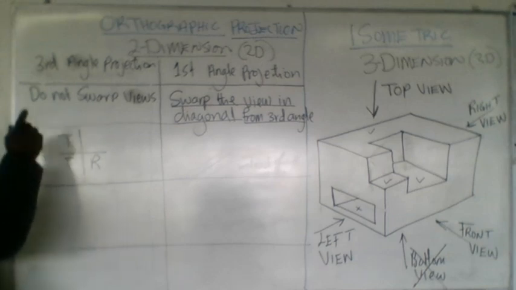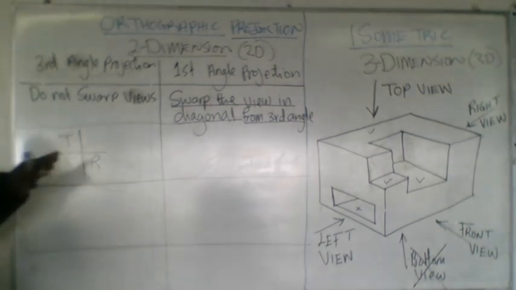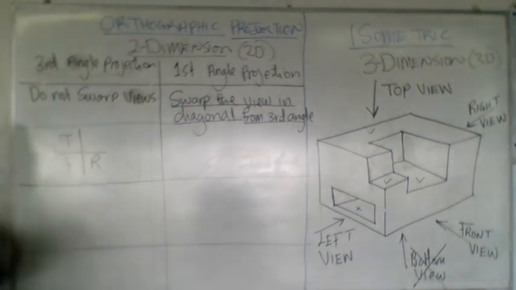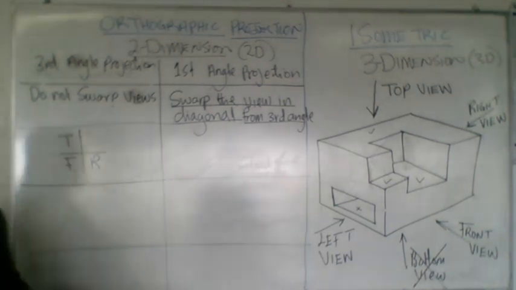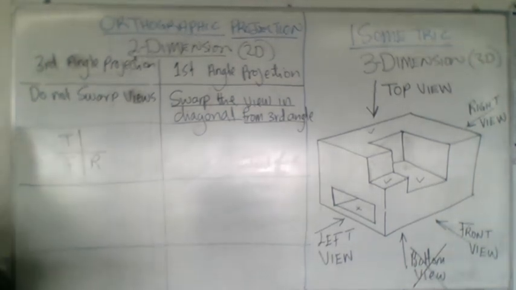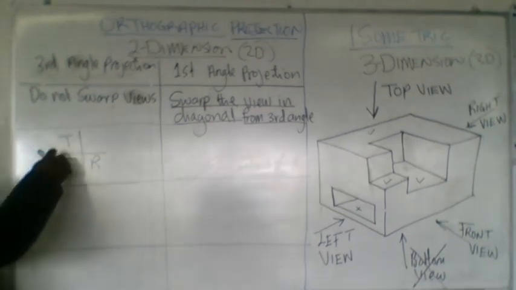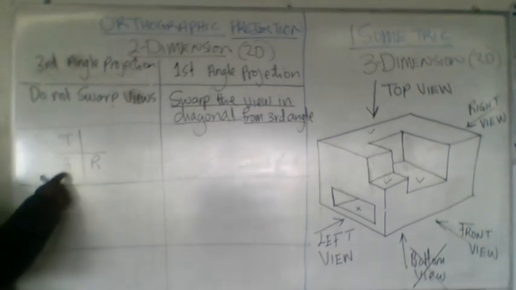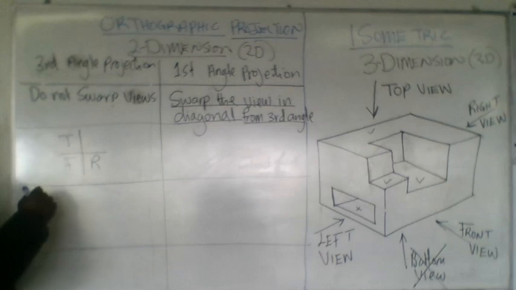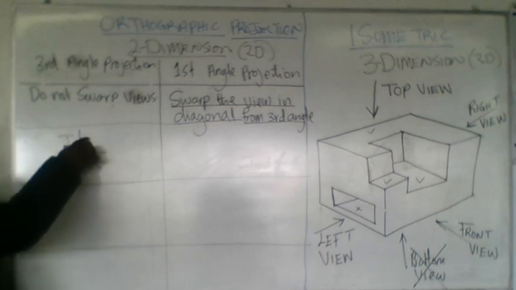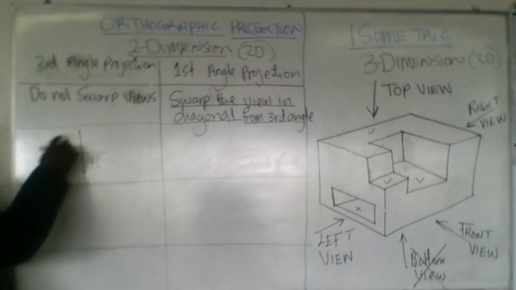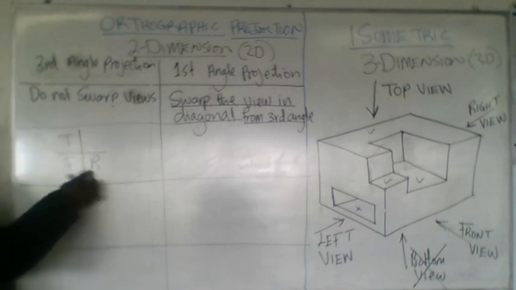When it is on top, draw it on top. When it is on the right hand side, draw it on the right. The front is the guiding view. So you always need to draw the top view on top of the front. You cannot draw the right view in line with the top view. No, it should be in line with the front.